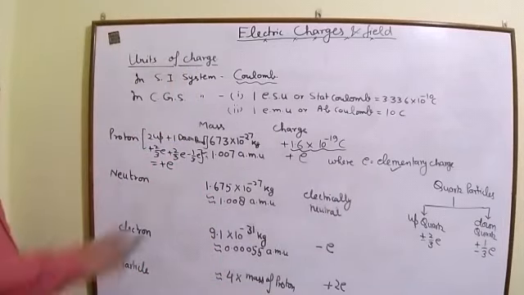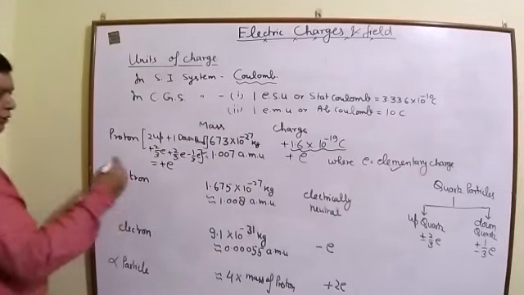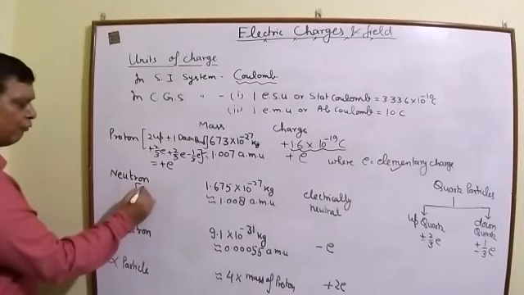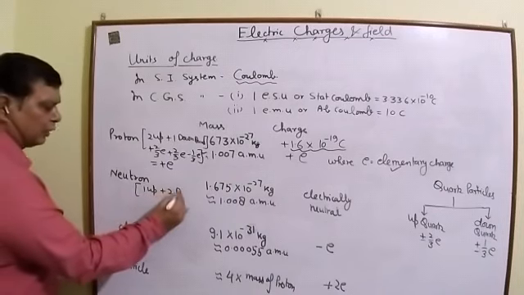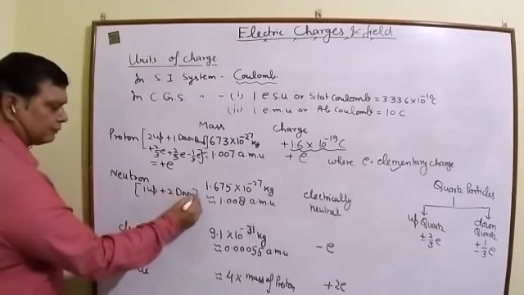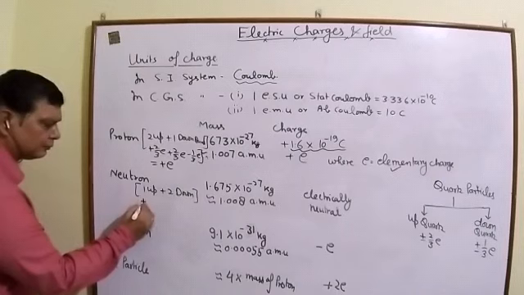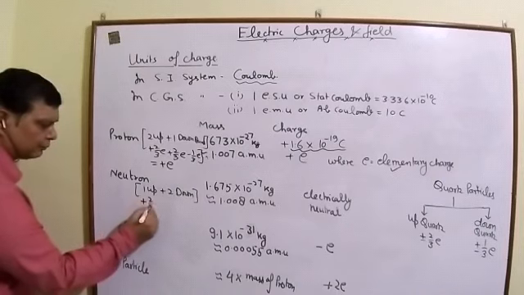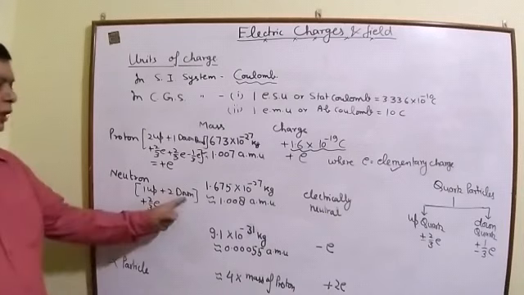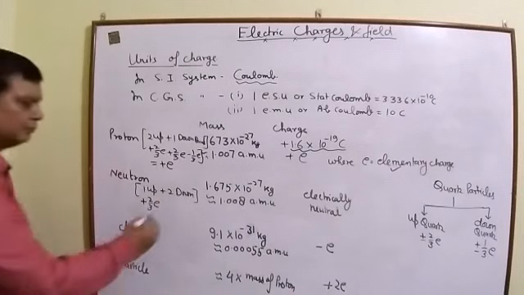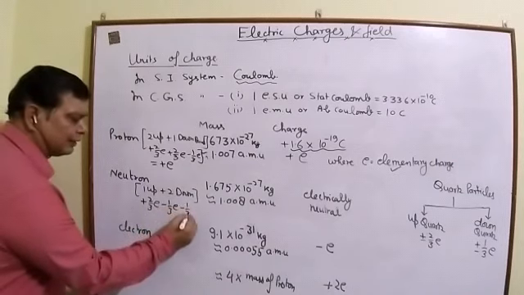Here, with the quark theory, what is the composition of the neutron? 1 up quark and 2 down quarks. 1 up quark of positive value plus 2 by 3e, and the 2 down quarks of negative value minus 1 by 3e and minus 1 by 3e.